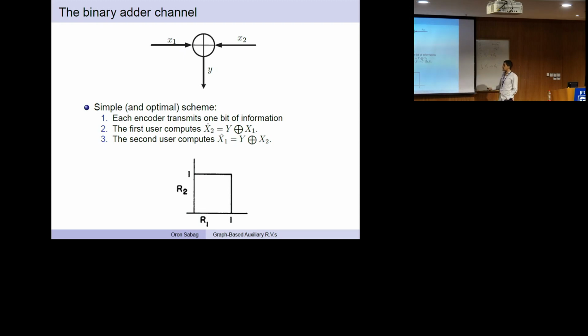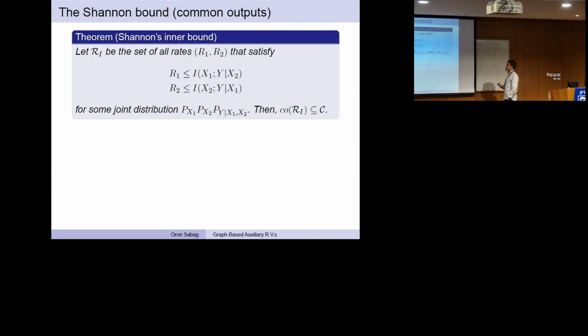And it is not difficult to show that this is the achievable region, which is also optimal by simple cardinality arguments. The idea behind this specific example falls under a slightly broader framework that Shannon already derived in his original paper, which is called Shannon's inner bound for the case of common outputs. This is an inner bound, and the focus here is that there is an independence between the channel inputs.